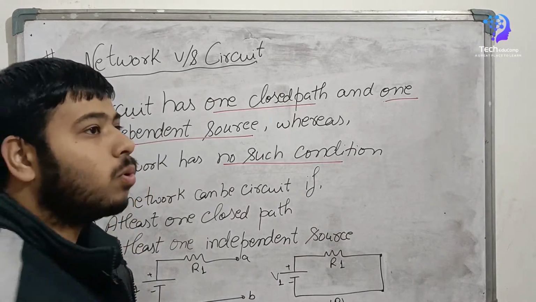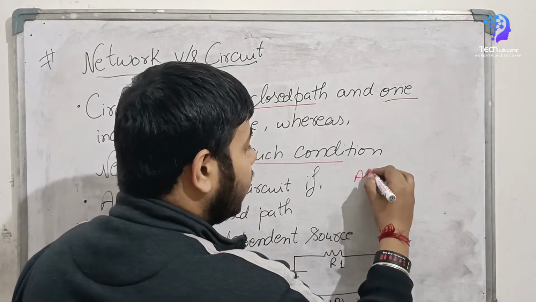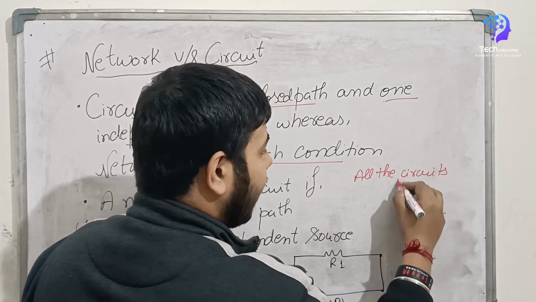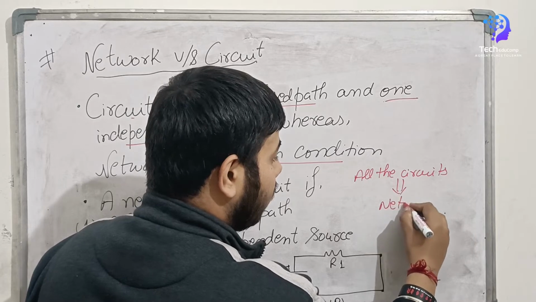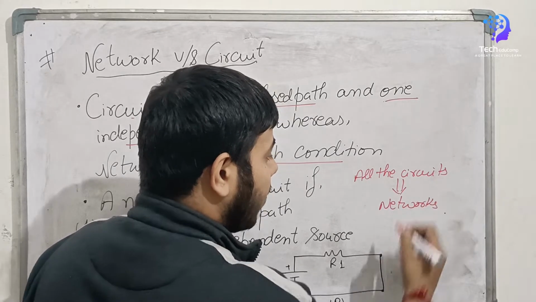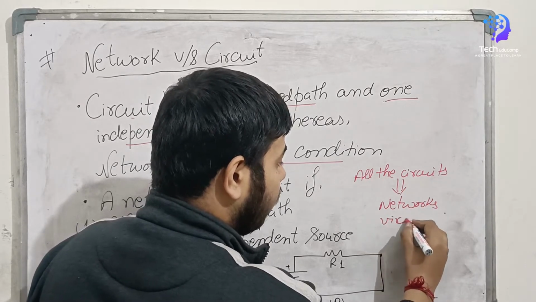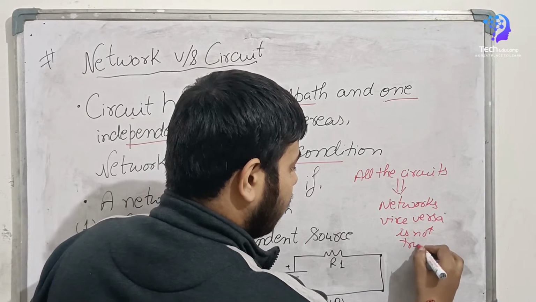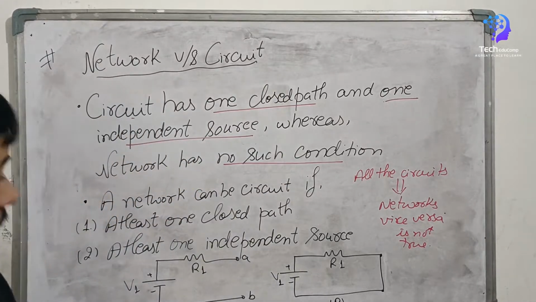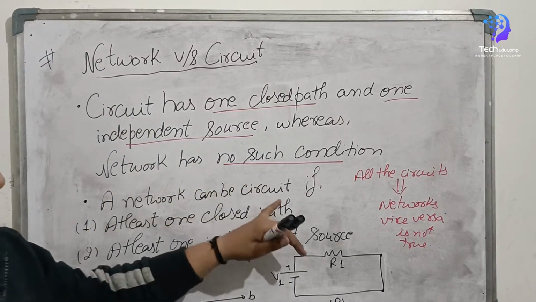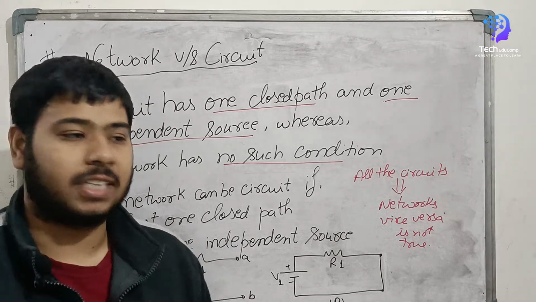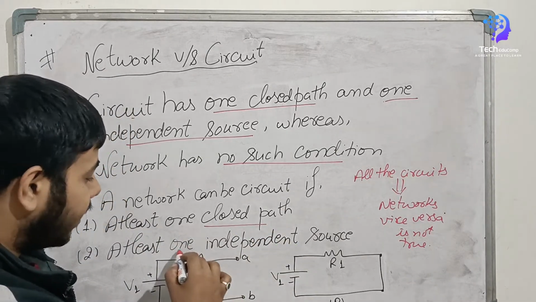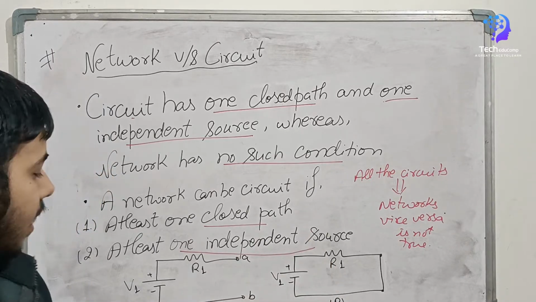Also, it is noted that all circuits can be networks, but vice versa is not true. But a network can be a circuit if it satisfies some conditions: it should have a closed path and at least one independent source.